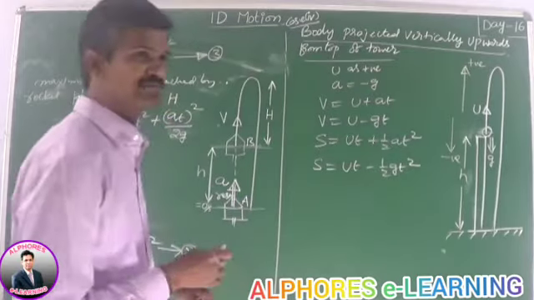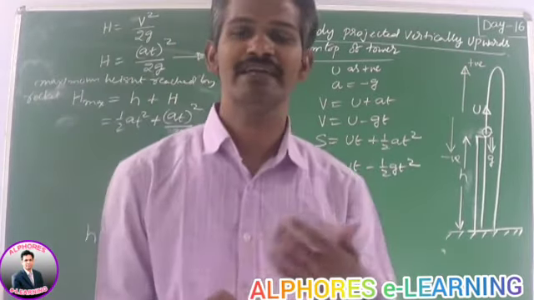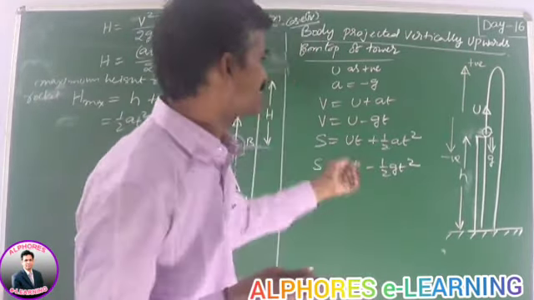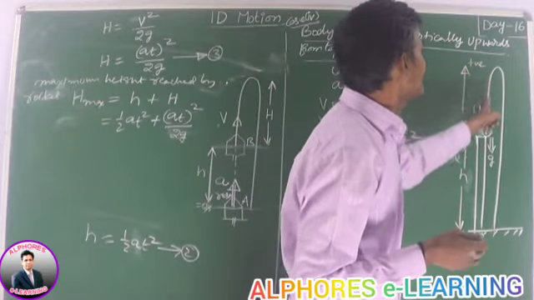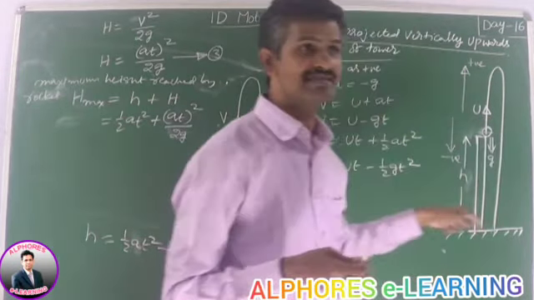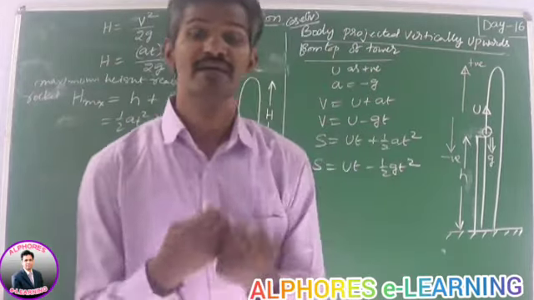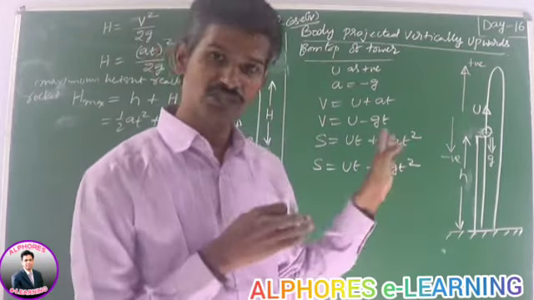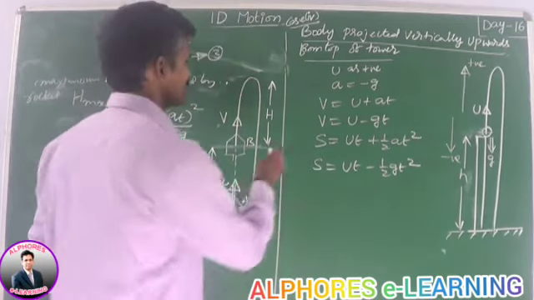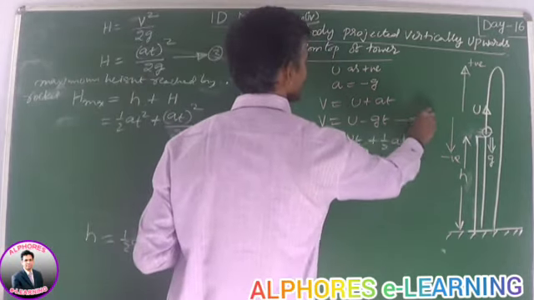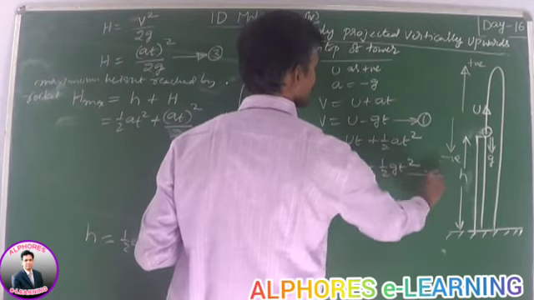There is no difference between a normal projected body and a vertical projected body except its displacement. If it is traveling in the downward direction, that s will be negative, but if it is traveling in the upward direction, that s will be positive. So that depends on the situation. Next, our third equation. This is my first equation and this is my second equation.